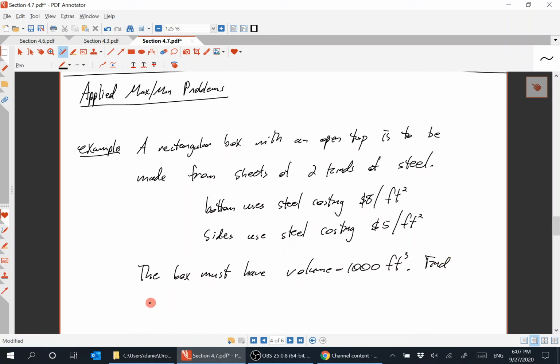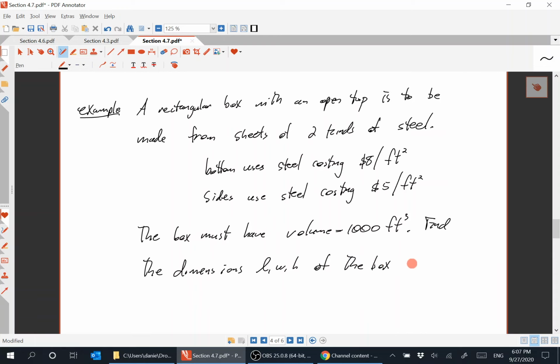Find the dimensions, length, width, and height of the box, which minimizes material costs.